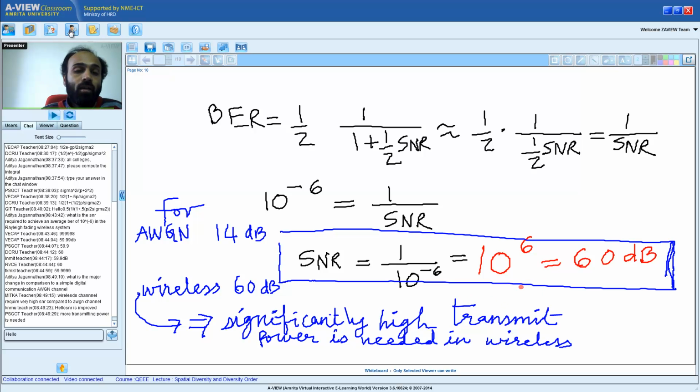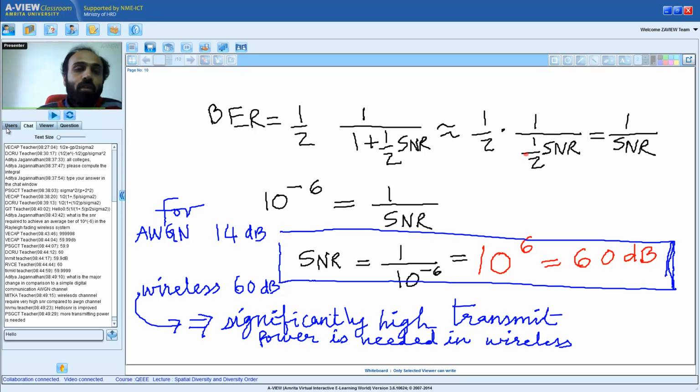Because in an AWGN channel, the SINR required is 14 dB. However, in the wireless communication system, the SINR required is 60 dB. So the performance of the wireless communication system is very poor. That is because even at an SINR of 60 dB, the bit error rate is only 10 to the power of minus 6, whereas in an AWGN channel, the SNR required is only 14 dB.